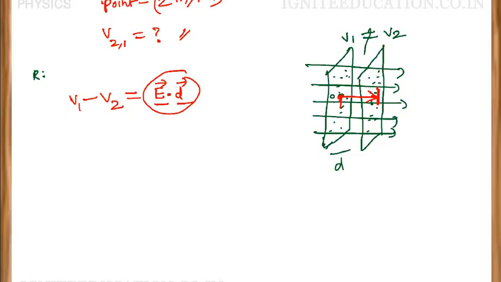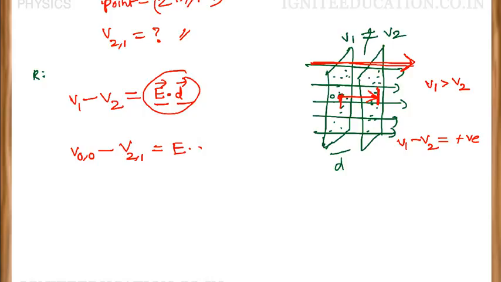Whenever you are considering a parallel field like this, when you are going towards the direction of the field, the potential will decrease. So from this figure we can write V1 is greater than V2. So if you take the difference V1 minus V2, you will get a positive quantity. So here also E dot D. Here V1 is V00, and V2 is V(2,1), that is equal to E dot D.